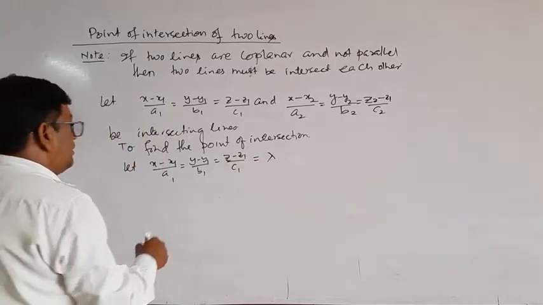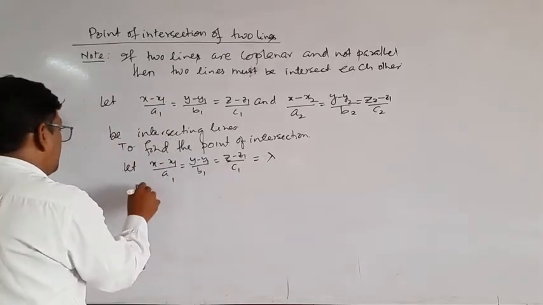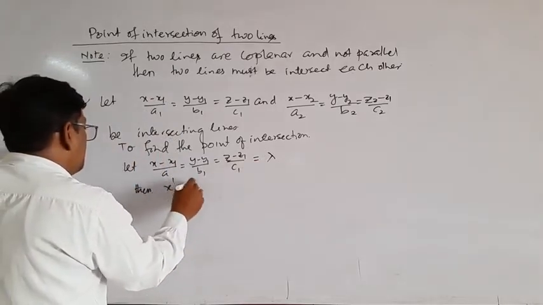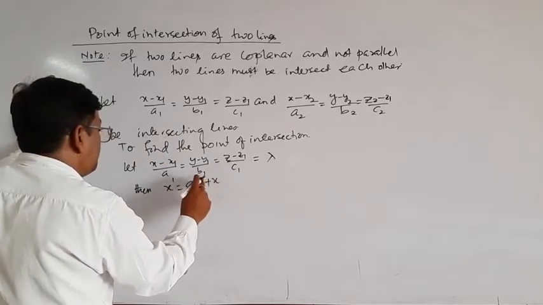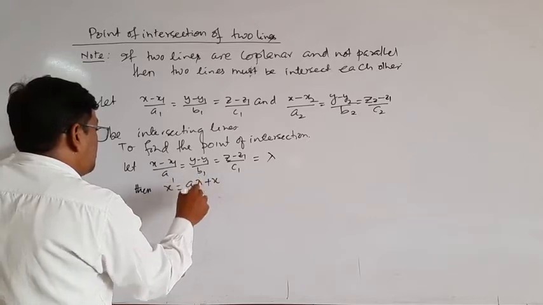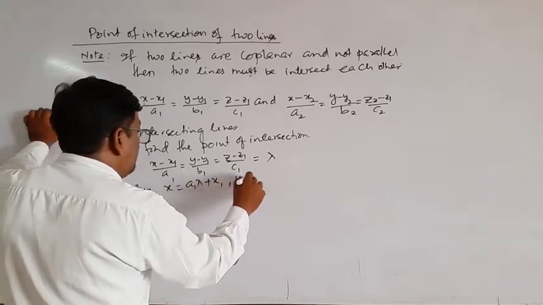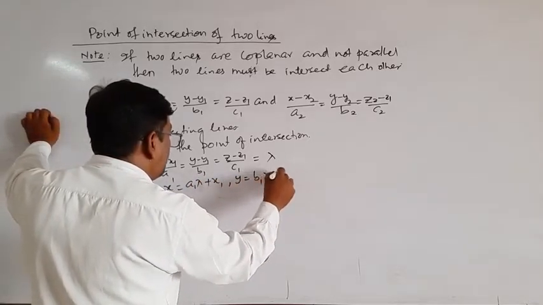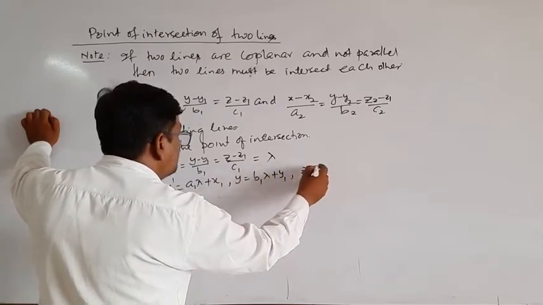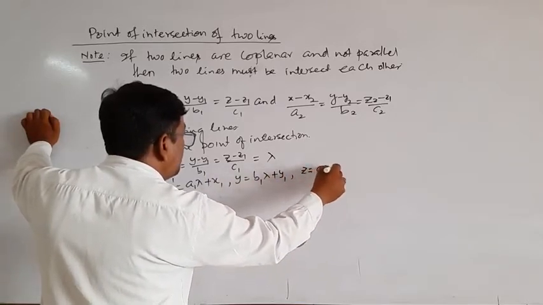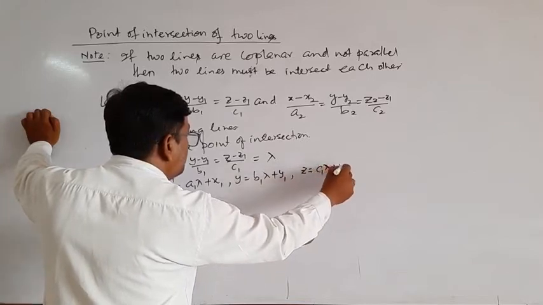Then x is equal to a1 lambda plus x1, y is equal to b1 lambda plus y1, z is equal to c1 lambda plus z1.